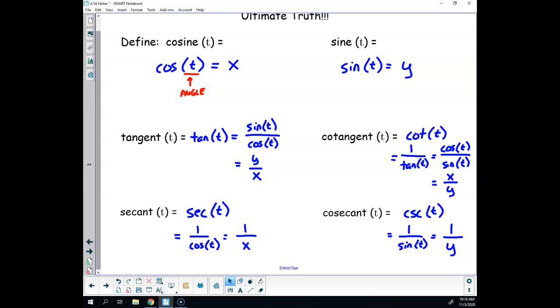Sine is equal to y. Tangent is y over x. Cotangent is x over y. Secant is 1 over x. Cosecant is 1 over y. I would put those right on your unit circle.